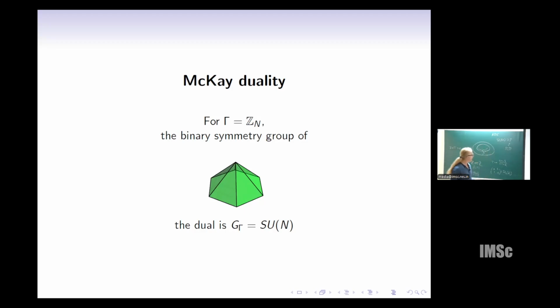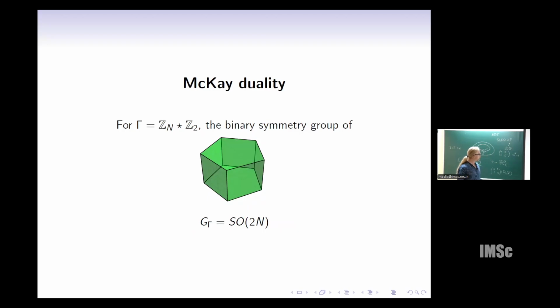The A type corresponds to the cyclic group, which is just the group of rotations in three dimensions around one axis by the angles 2 pi over n. You can embed it into SU(2) as the group of diagonal matrices with these eigenvalues. And the McKay dual group to this finite group is SU(N). So Z_n is dual to SU(N).